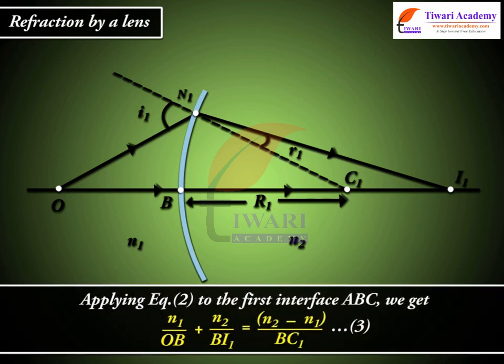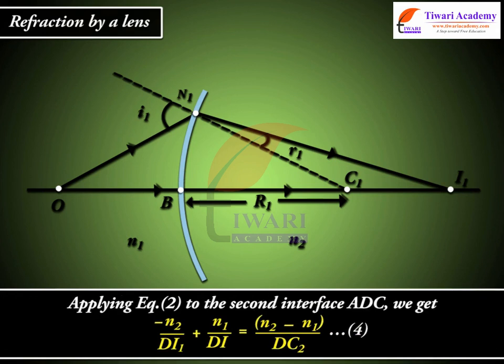Applying equation 2 to the first interface ABC, we get n1 by OB plus n2 by BI1 is equal to (n2 minus n1) by BC1. Equation 3.